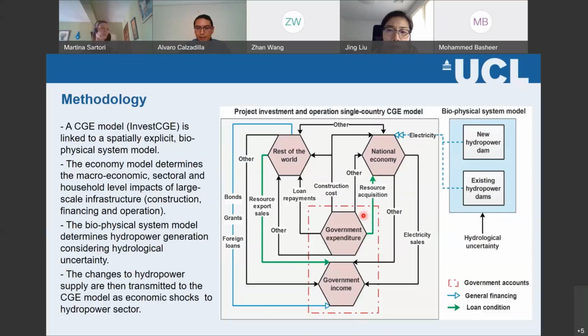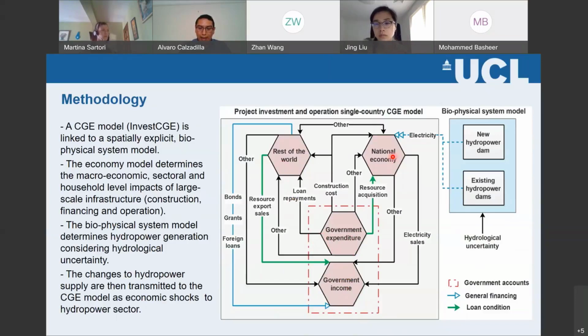So we need a specific representation of the government expenditure and the government income accounts. And also we need to consider how these different phases will impact the relationships between the government accounts with the other accounts that we have in the model. And this is basically what the investment CG model does.